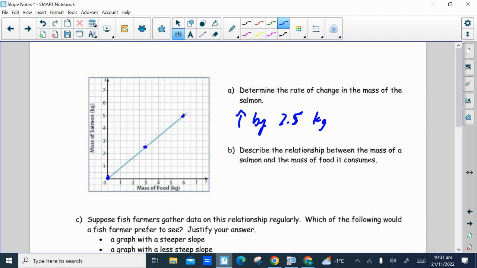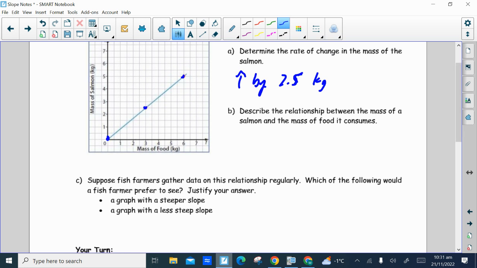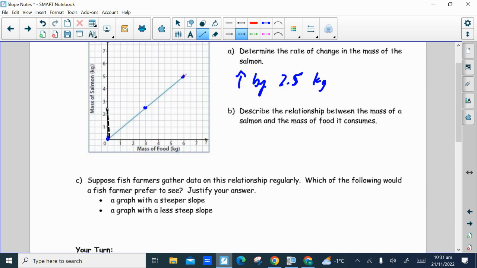Describe the relationship between the mass of a salmon and the mass of the food that it consumes. Well, if we go from the point 0, 0 to the point 3, 2.5, again we calculate what our rise and our run is.